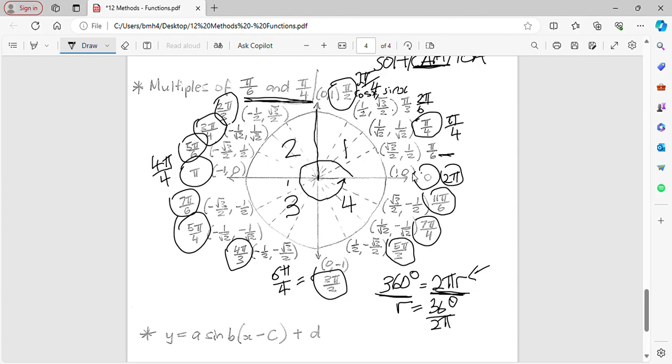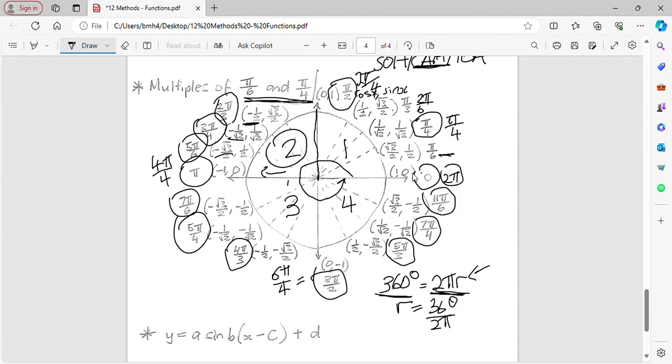In the second quadrant, you've got negative cosine, because on the x-axis, or cosine axis, this is in the negative zone, so cosine is going to be negative for these values here, and sine is going to be positive.